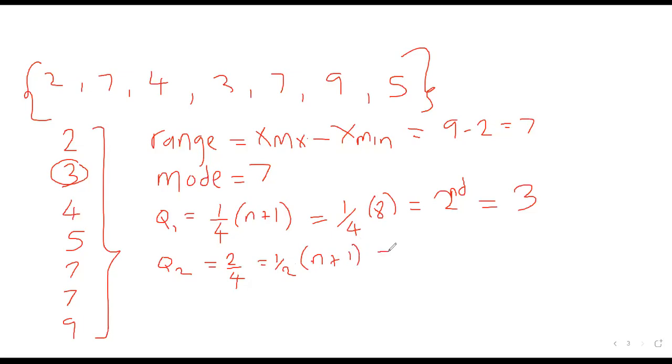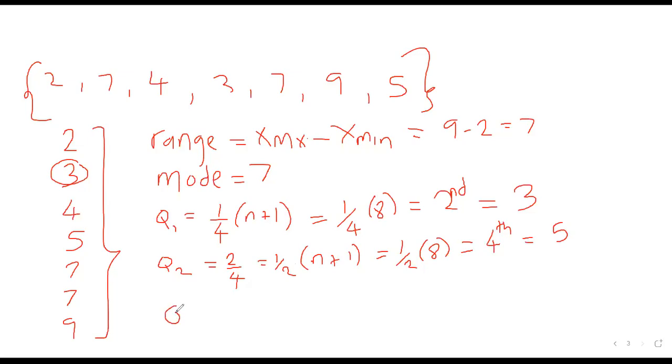So what is the fourth number? You count the order. Number 4 is 5. Good. So that's why it's important to rearrange them.